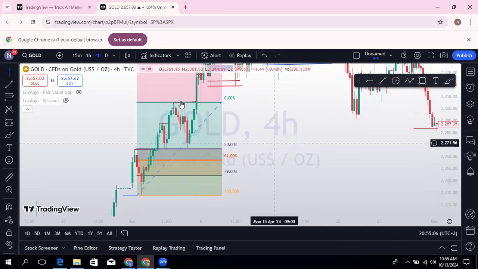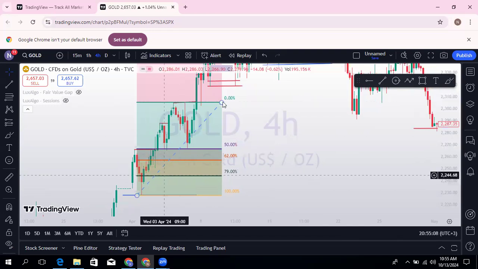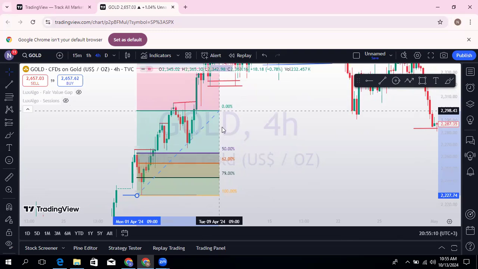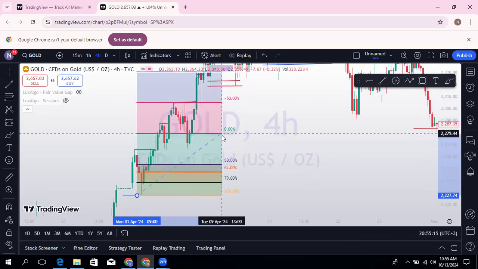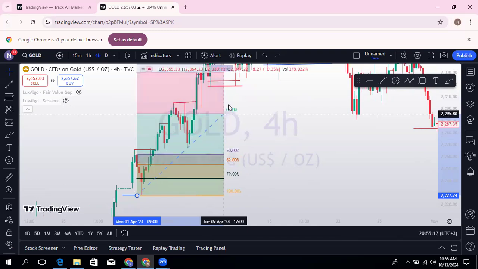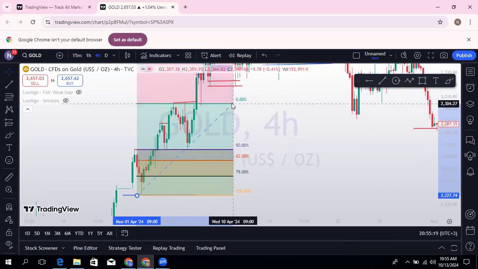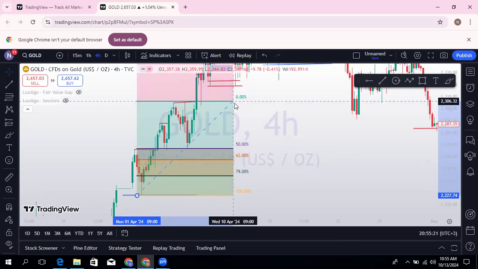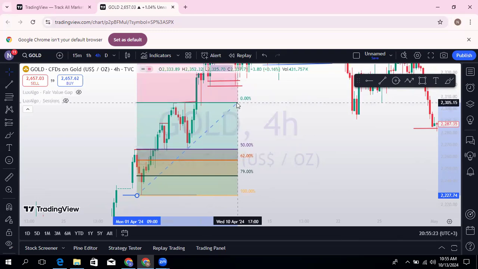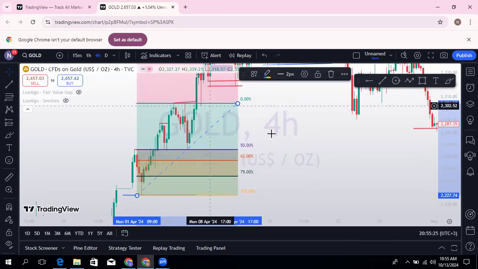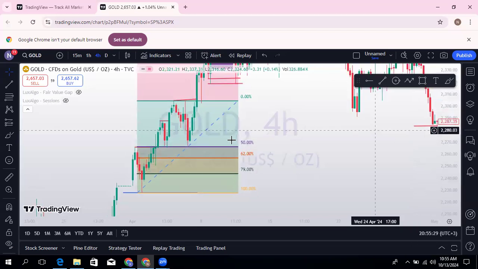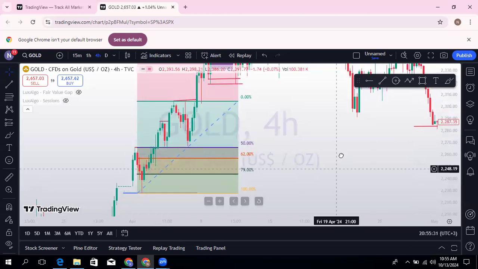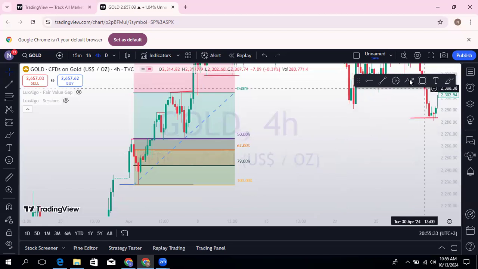Remember to drag your Fibonacci retracement to 0%, according to my settings, where the price had reached before reversing back. So this is where the price reached before reversing back. I want you to understand that. This is now where we have started.